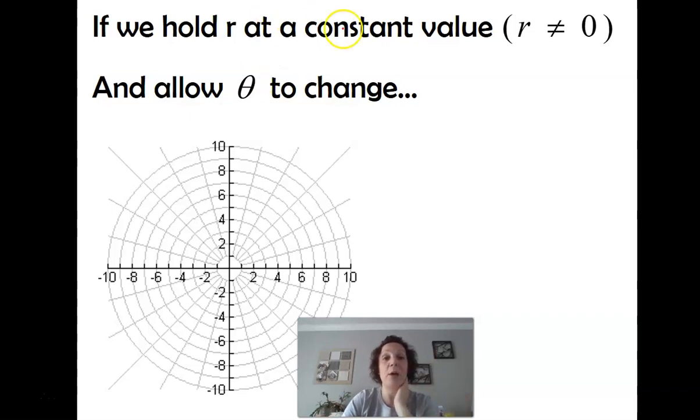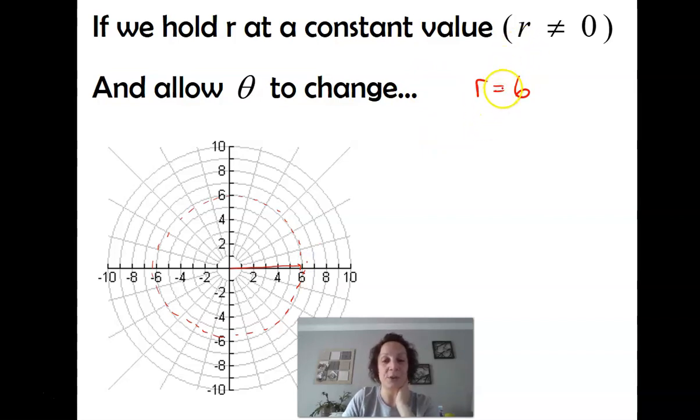If I hold r at a constant value, so let's say my only condition is r is equal to 6, and they don't give me any restriction on theta, think about what that means. I need an arm that comes out 6, but theta can be anything. That is a polar equation for a circle.